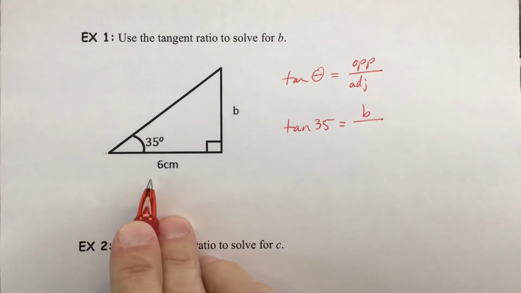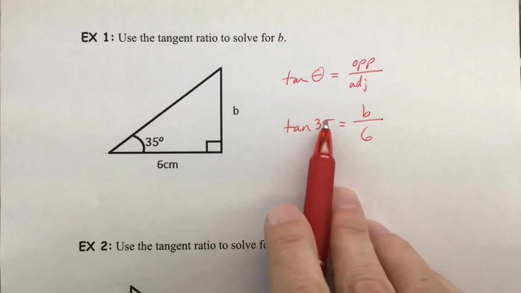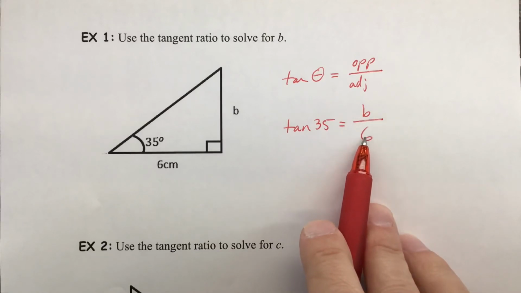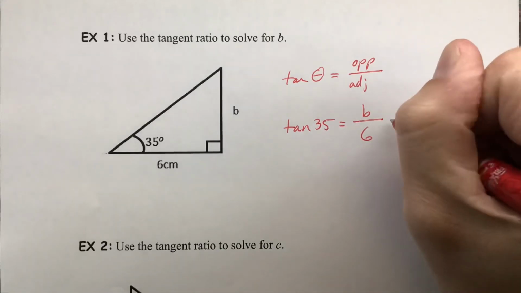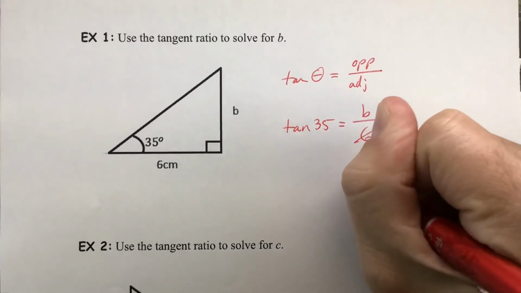We do have the adjacent side, so place a 6 there. The goal is to solve for B. Don't pay much attention to this right now. What we have over here is B divided by 6. If I multiply that side by 6, these would cancel, and I'd get B by itself.